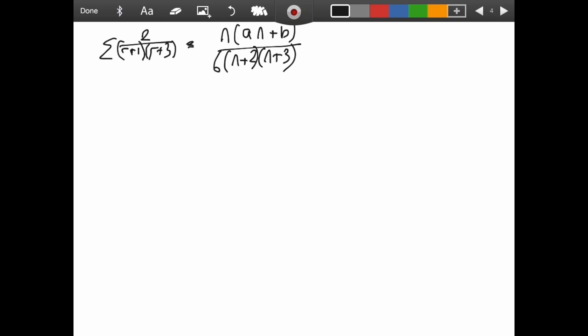So we're going to do this by using the partial fractions that we worked out before, because we know that 2 over (r plus 1)(r plus 3) is equal to 1 over (r plus 1) minus 1 over (r plus 3). So we can use that in our sum instead.